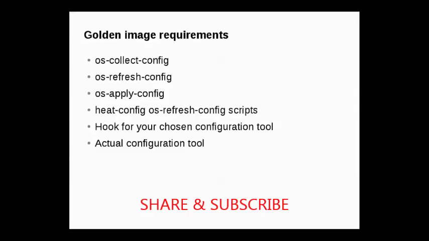You don't have to install all of them. You only install the hooks for the tools that you're going to use. Then if you like, you can install the actual configuration tool itself. And since you're building a golden image, you may as well install the packages that you need, or you could have a reasonably generic image and do the rest of the configuration at either boot time or deployment time. So it's quite flexible in the approach that you can take.